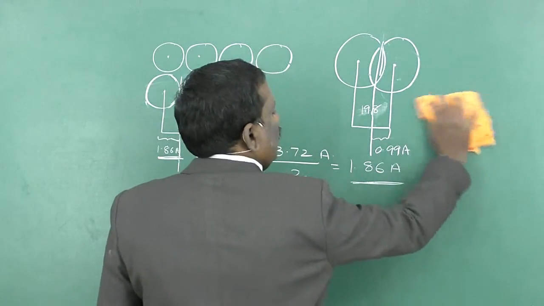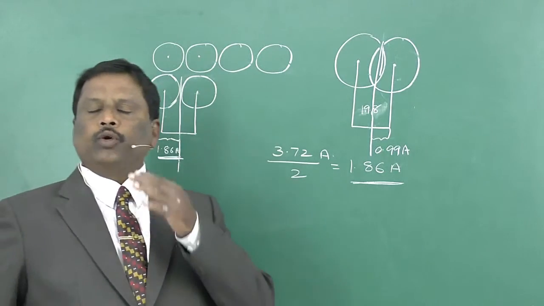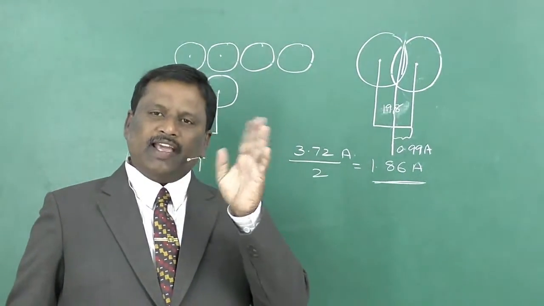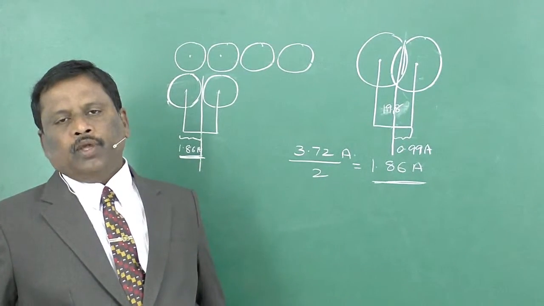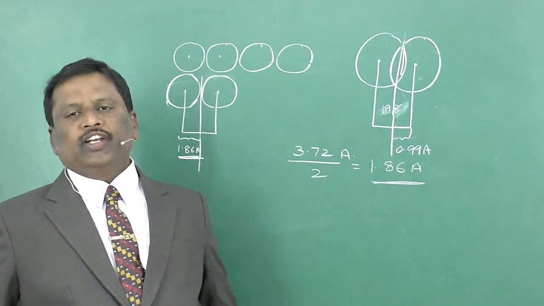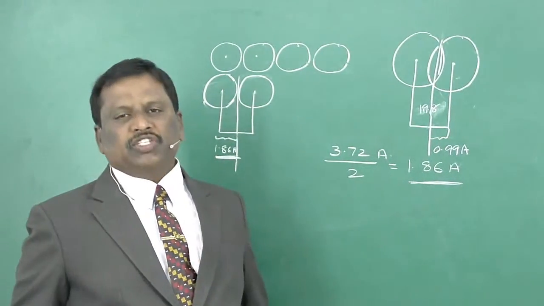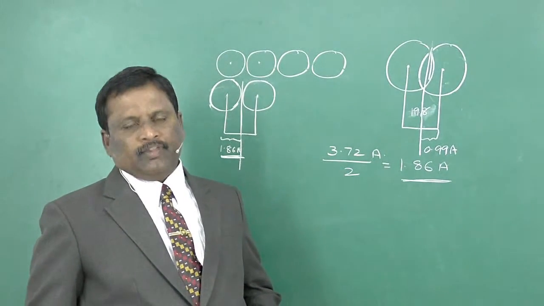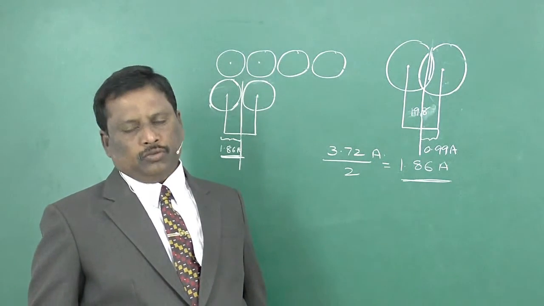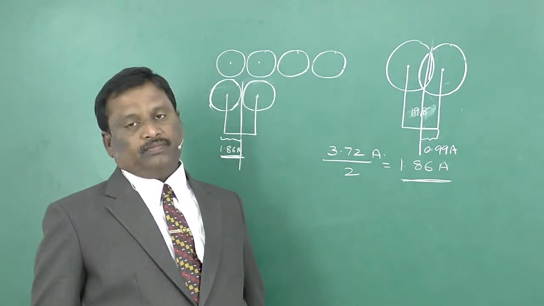Now, van der Waals radius. At high pressures and low temperatures, the gaseous molecules are converted into the solid state. When they are converted into the solid state, the molecules are at a minimum distance with each other. At that state, they have an attraction between two molecules. That attraction is said to be van der Waals attraction.